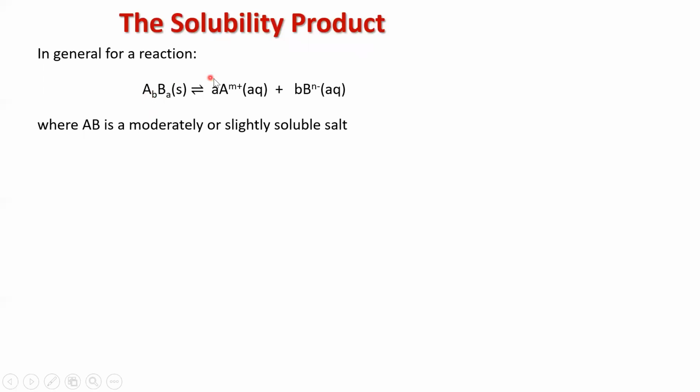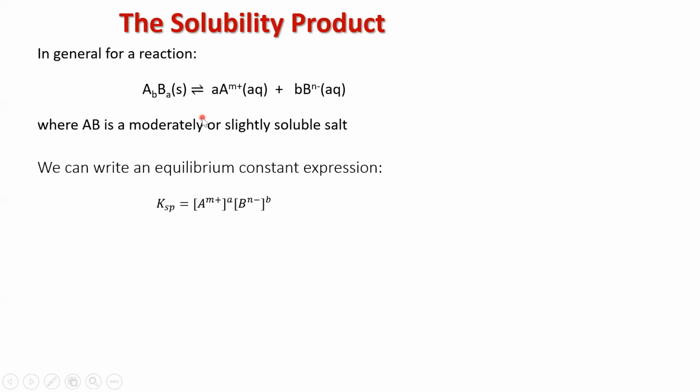When it dissolves, it's going to dissolve into A ions and B ions, and the ratio is going to be B to A. So when we go to write our Ksp expression, it's going to be the concentration of A ions raised to the A power times the concentration of B ions raised to the B power.